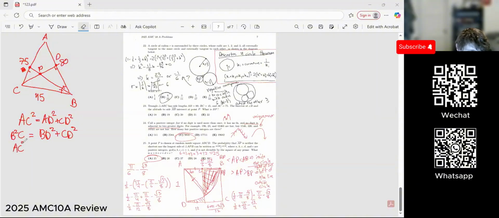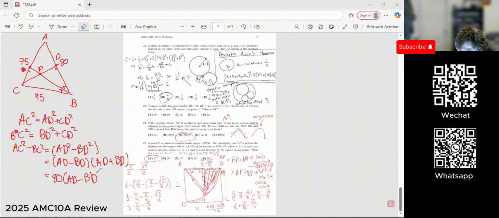And so that means that AC squared minus BC squared is equal to AD squared minus BD squared. This is equal to AD minus BD times AD plus BD. AD plus BD is just 80. So 80 times AD minus BD is equal to this expression.